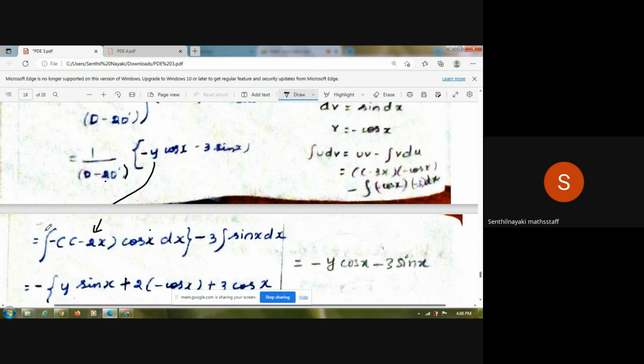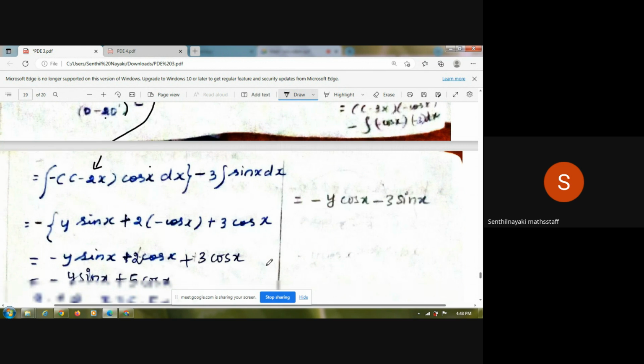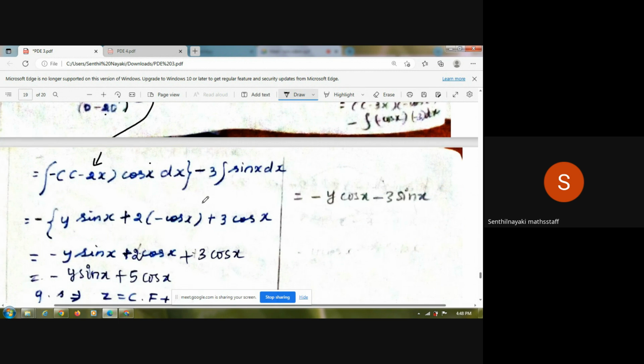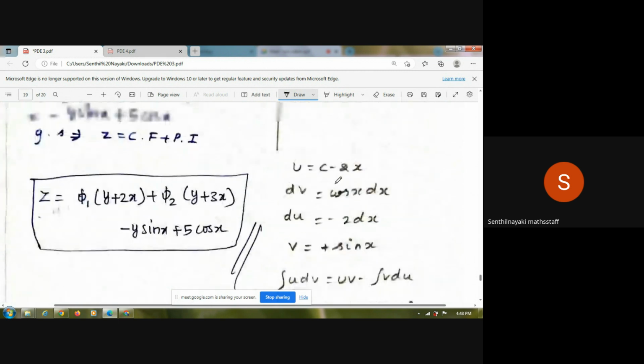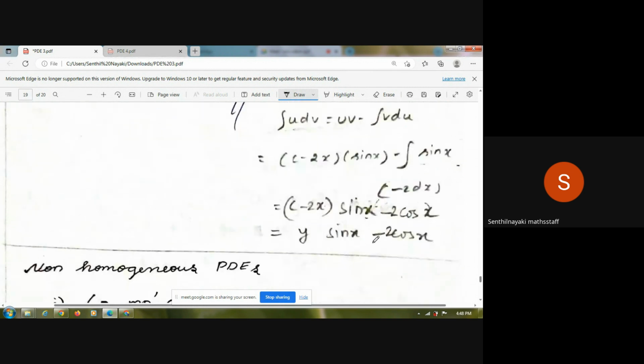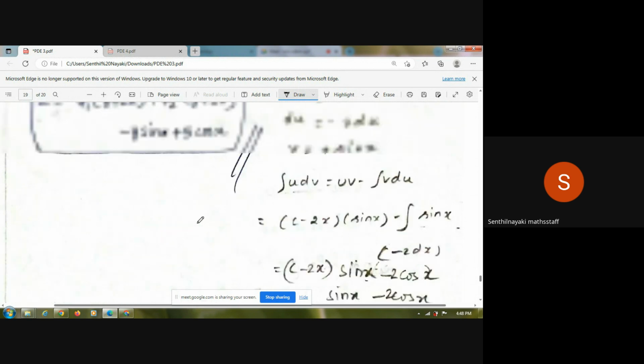So we have to put the integral sign. So minus 3 integral of sin x into dx. After using integration by parts in the first term, I have given the detailed explanation. The final answer is y sin x minus 2 cos x.